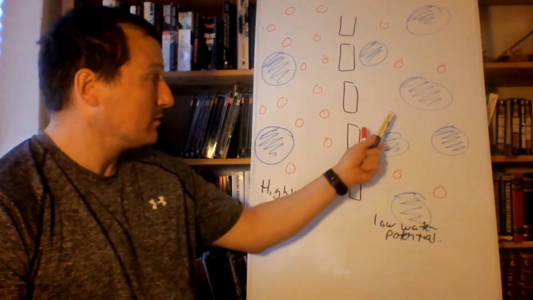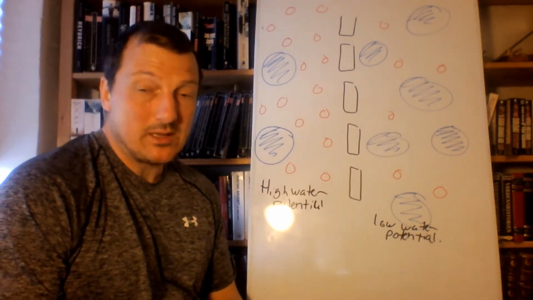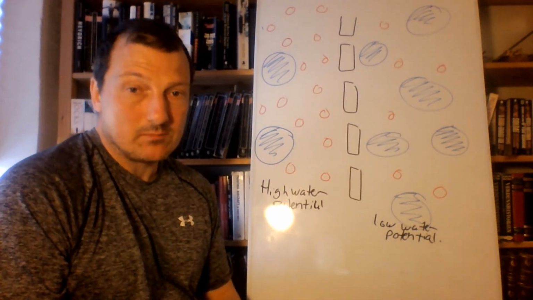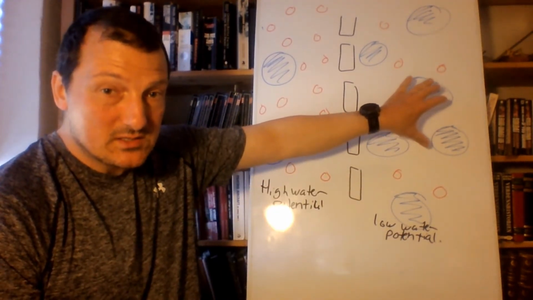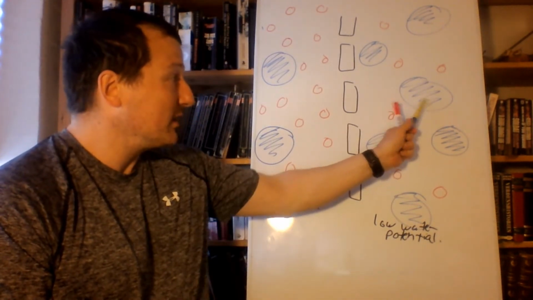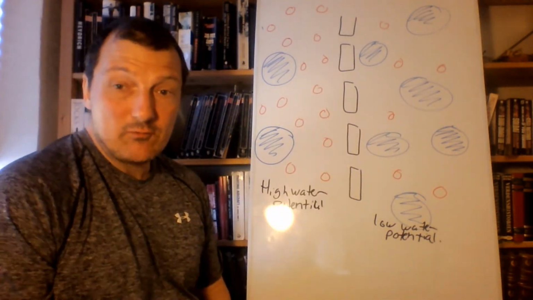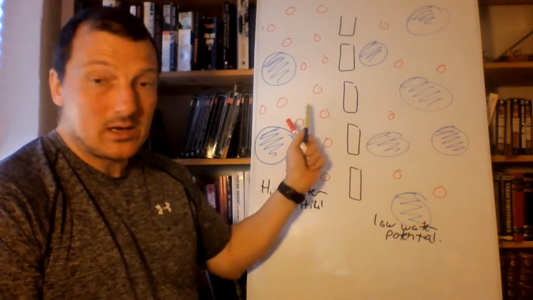So the red dots here represent water, while the big blue ones here could be huge proteins, for example. In this case here, we can see that there are more proteins on this side than this side. So we'll have a diffusion gradient going from here to here.